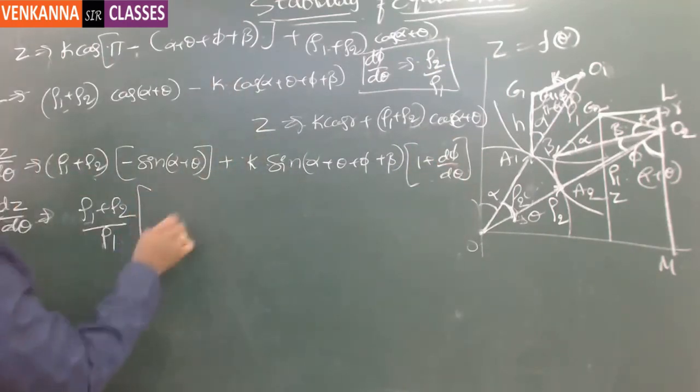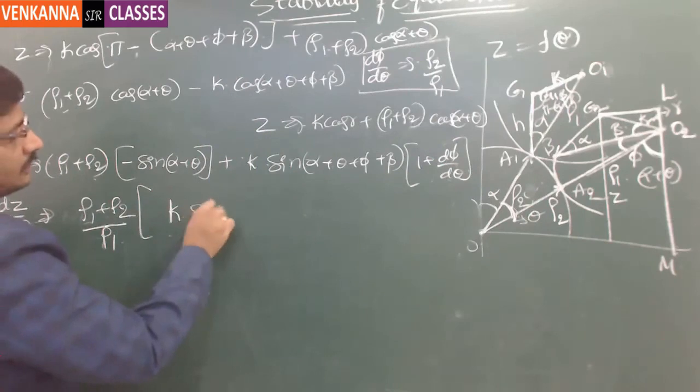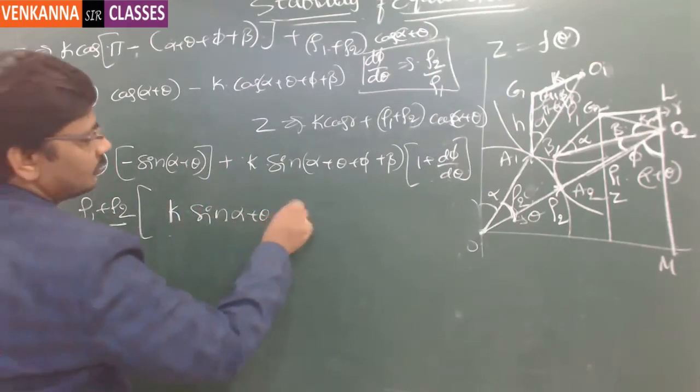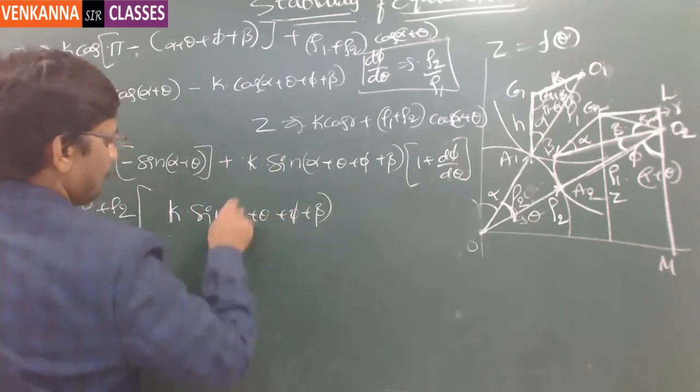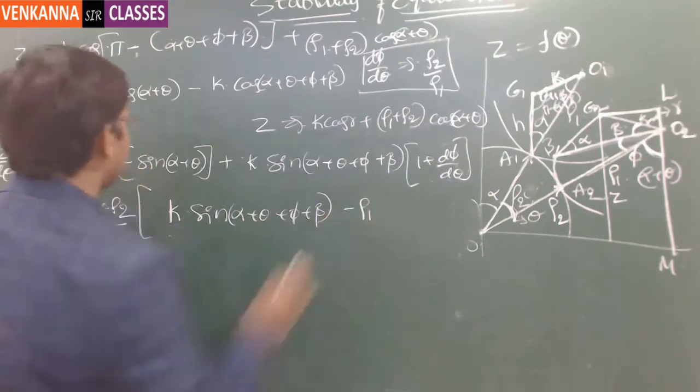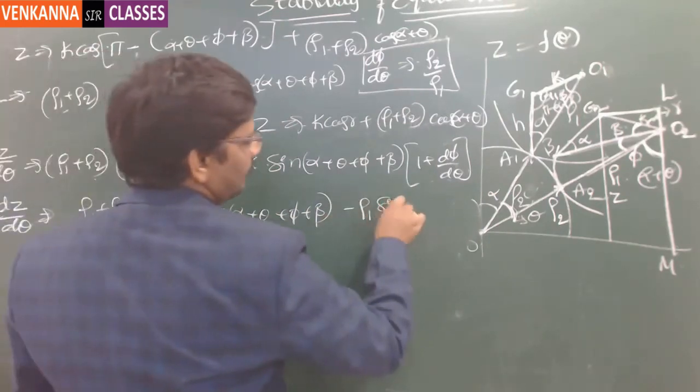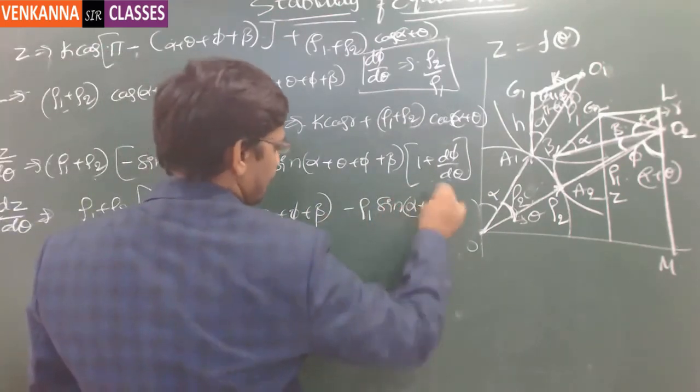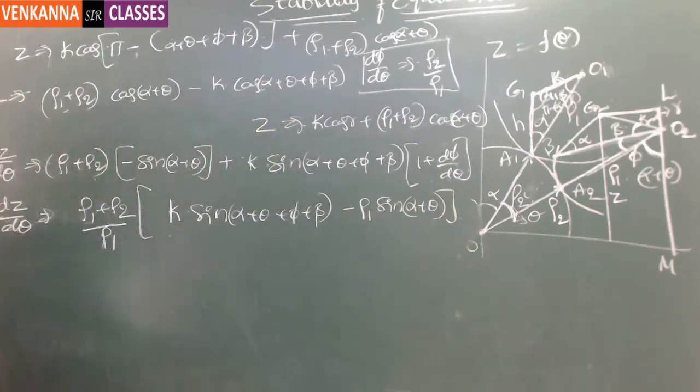Then I am left with k times sin(alpha plus theta plus phi plus beta) minus rho 1 times sin(alpha plus theta). Here in the denominator there is no rho 1 separately. I have multiplied with rho 1 and then divided with rho 1, and taken it out in the overall context. So this is going to be (rho 1 plus rho 2) by rho 1.